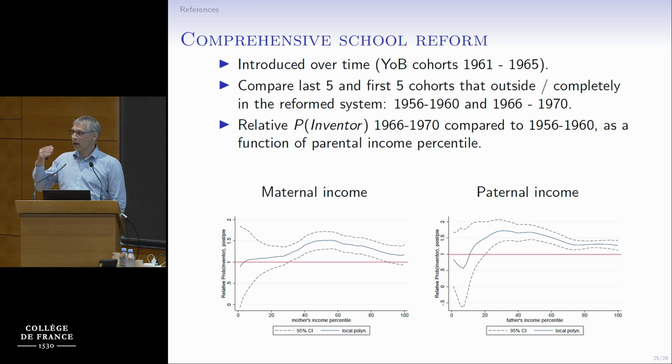But we still rolled it out in a staggered setting. It was introduced over time, so that the first cohorts that entered it were born in 61, and the last cohorts that were partially entering it were the 1965 cohort. Revealing my age, I was in the first cohort in my hometown that entered comprehensive schooling.